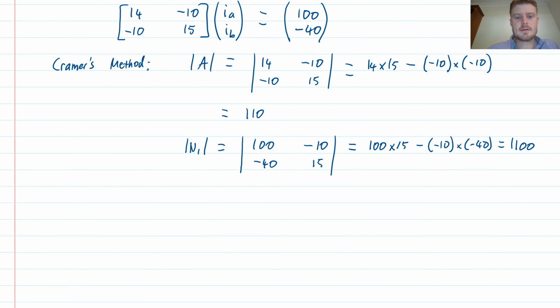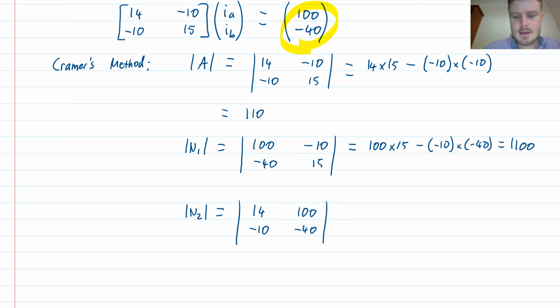Then for evaluating IB, I need to know the determinant of my N2 matrix. The N2 matrix is what I get when I replace the second column. So I'll read off the first column from the A matrix, that's 14, minus 10. The second column I will read off from the right-hand side of my system of equations, so that is 100 and minus 40.